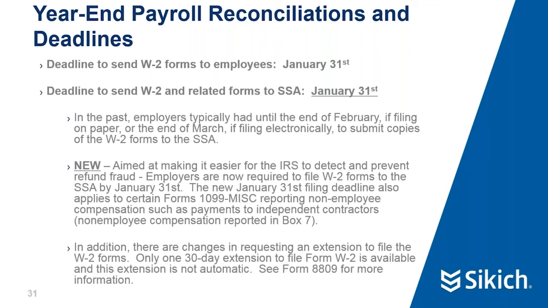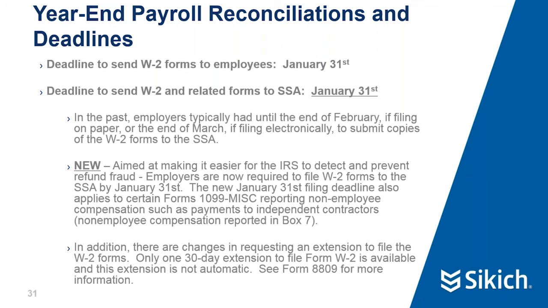So in the past, the employer typically had until the end of February if you were filing on paper, or the end of March if you were filing electronically. Now, and the reasons here are listed on the slide, the IRS has made the requirement be January 31st that the information needs to be sent to them.